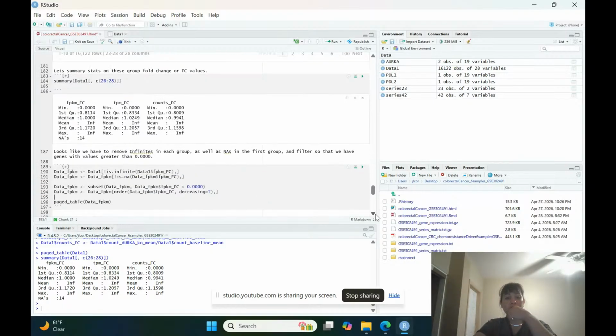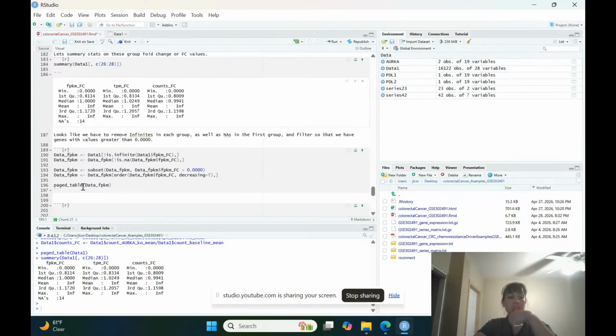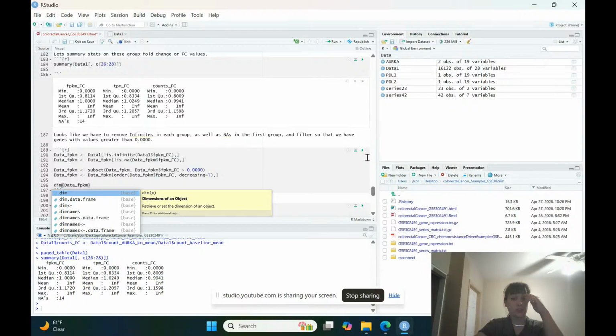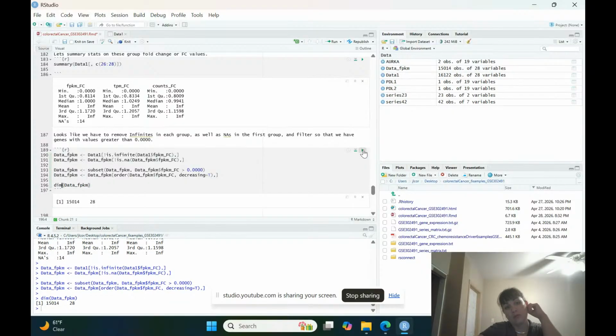And then let's just look at the dimensions of the FPKM. So we removed some rows. So normally there's 16,122.